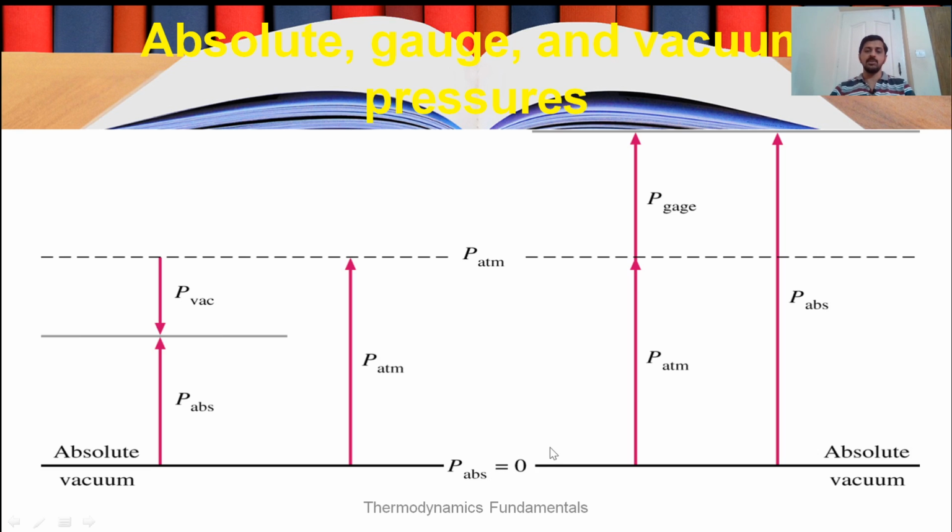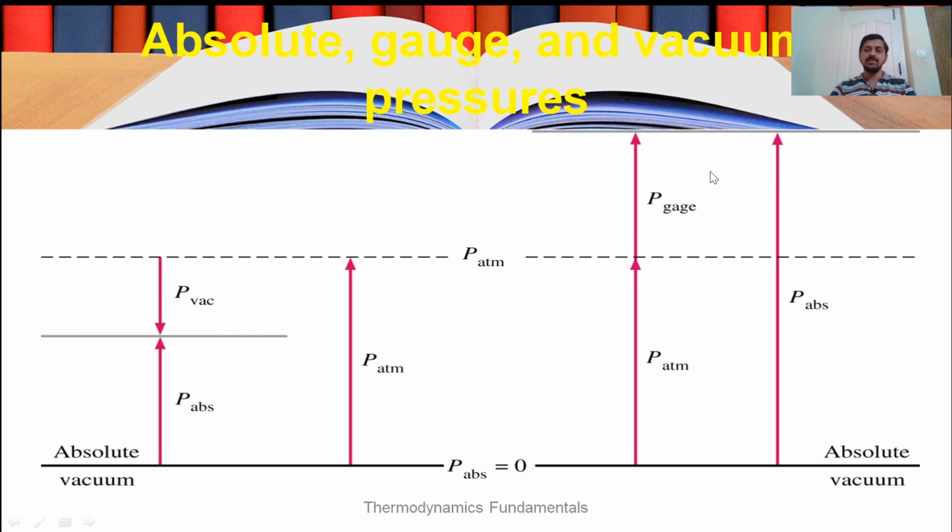That is absolute pressure. Now, the pressure experienced at the mean sea level is termed as atmospheric pressure, which is denoted by this dashed line here. So the pressure with reference to the absolute vacuum experienced at that level is termed as atmospheric pressure.